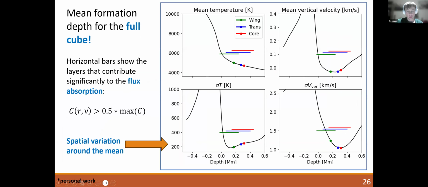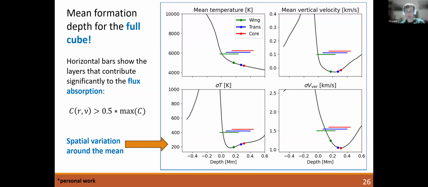I've computed the mean formation depth, averaged over the full 3D model, so all the slices put together. And these are the green, blue, and red circles. And overplotted, I've put the horizontal bars, which denote the layers that contribute significantly to the flux absorption as well. So I've just put 0.5 times the maximum of the contribution function. It's a measure for all layers that contribute in some way.